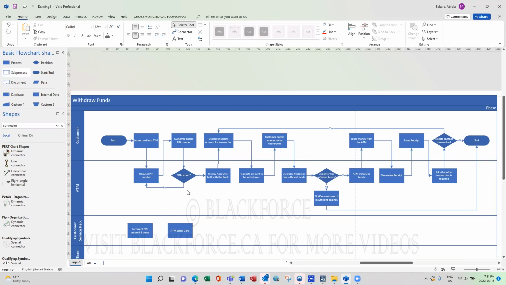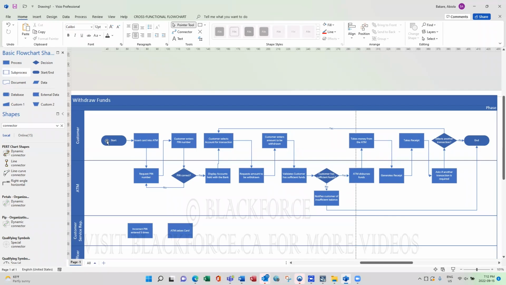The reason I'm thinking about this is that usually when you have a task, you have one arrow coming out of it. When you have a decision diamond, you have 2 arrows. Look at this decision diamond: you have 2 arrows coming out of it and one going into it.